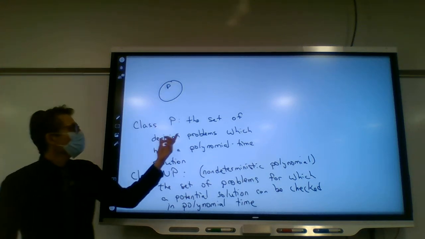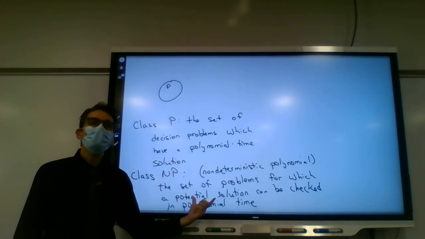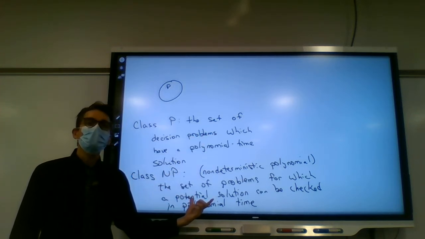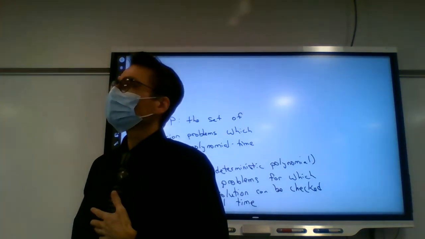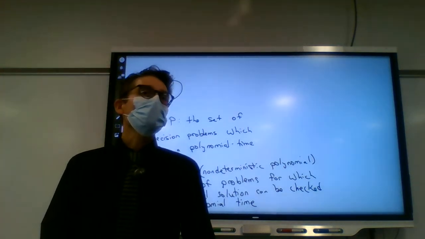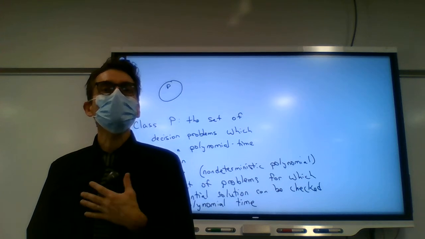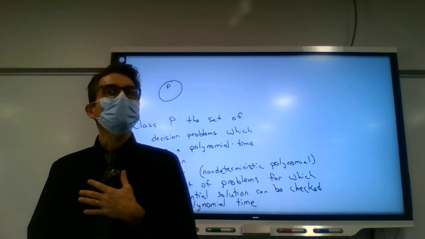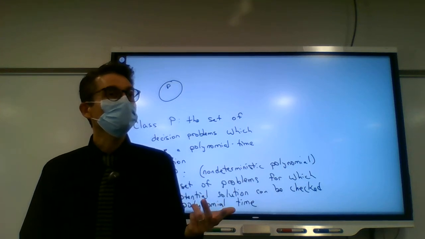What do you think the relationship between P and NP is? Well, if you can create an answer quickly, wouldn't you be able to check an answer quickly? If somebody were to give you a potential answer to a quadratic equation, rather than substituting to check it, what could you do? You could just solve it yourself using the quadratic formula and compare answers at the end.